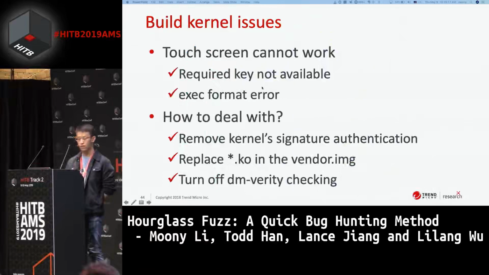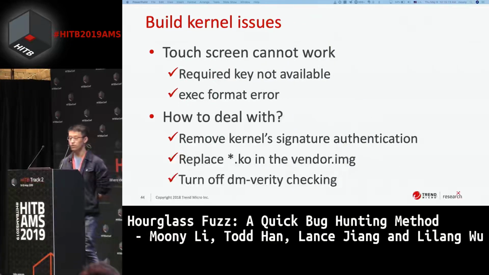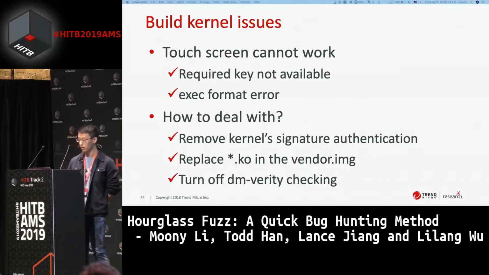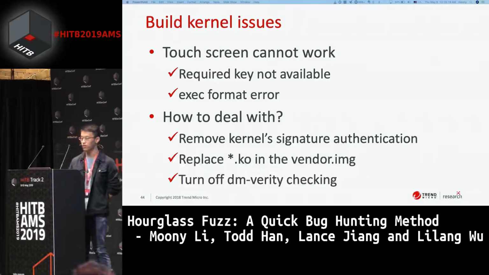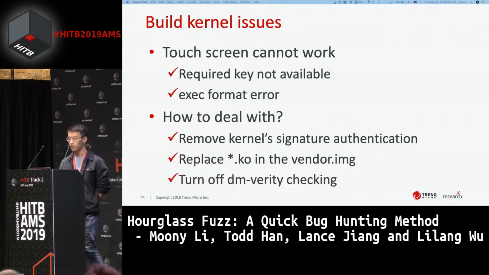When we prepared the kernel with the sanitizer and flashed it into the Pixel 3, the touch screen didn't work. When compiling the Android source code, we found that all the replaced ko files are repackaged into the vendor directory, but no new vendor.img file was generated.